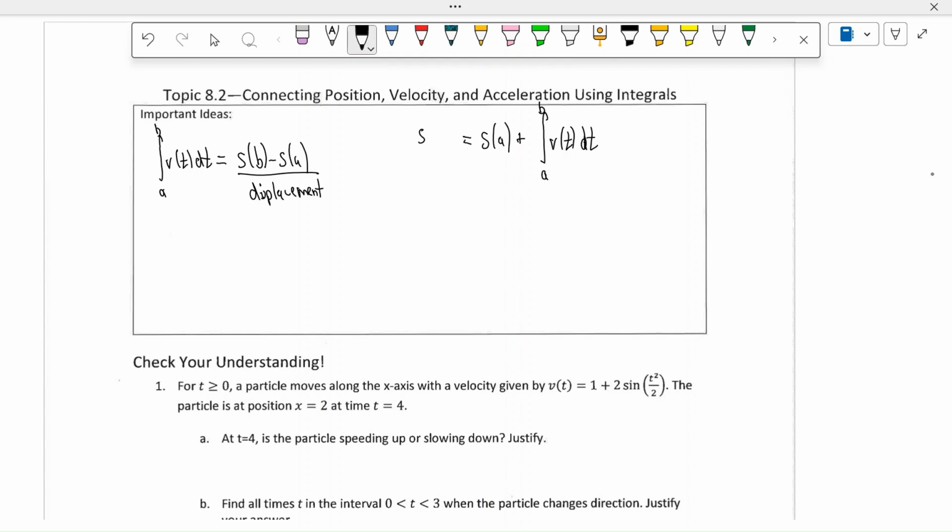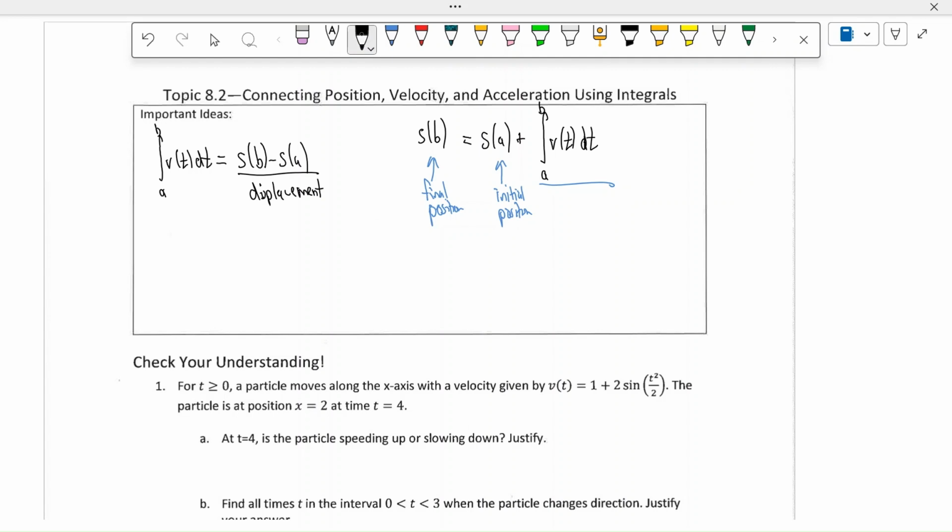That will give us the position at t equals b. So this would be like a final position. This would be an initial position. And this is our change in position, or this is our displacement.